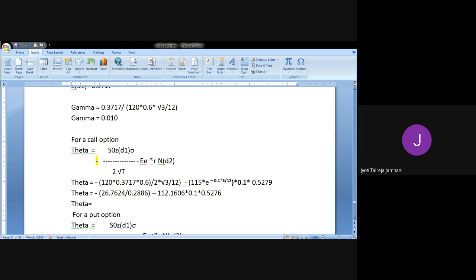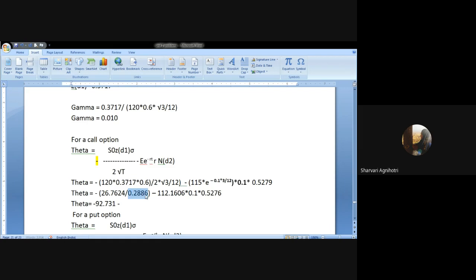26.7624 divided by 0.2886, we get 92.731. So minus 92.731 minus. Ma'am, it's divided by 1, right? Yes, ma'am, I'm also getting 1. This 2 into square root of 3 by 12, you're getting it as 1?